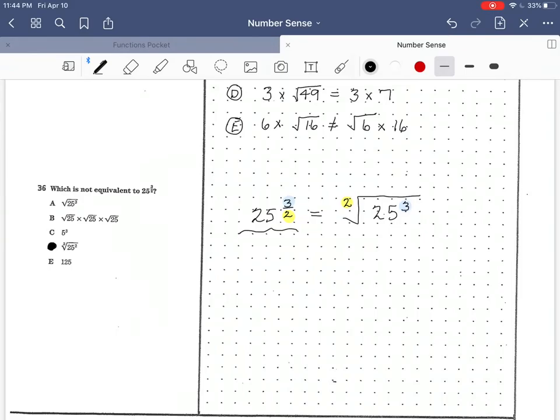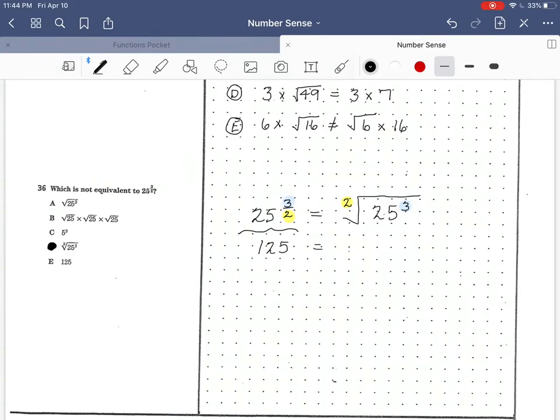So let's put this into the calculator just as an exponent. That's one thing about this Casio that I like very much. It will accept a fractional exponent. So you have 25 to the 3/2, and that is 125.